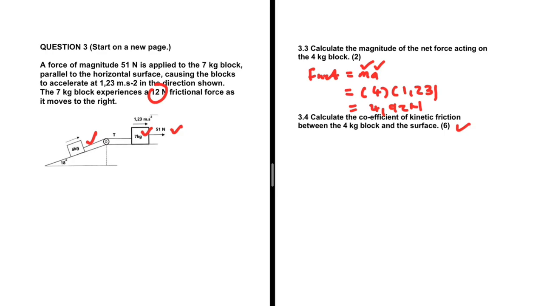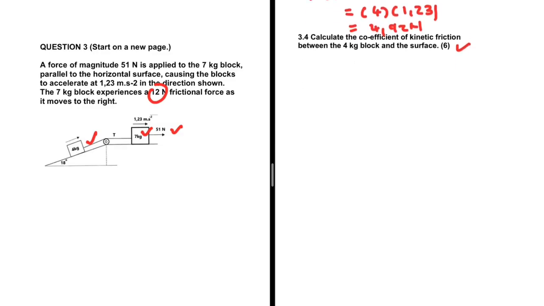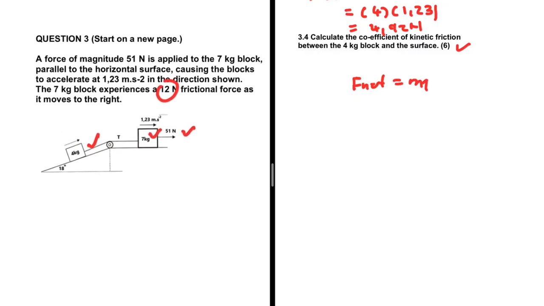The question we are really interested in, 3.4: calculate the coefficient of kinetic friction between the 4 kg block and the surface. Right, let's go ahead and take a look. For the 4 kg block, we have F net equal to ma. What is pulling the 4 kg block is the tension force.